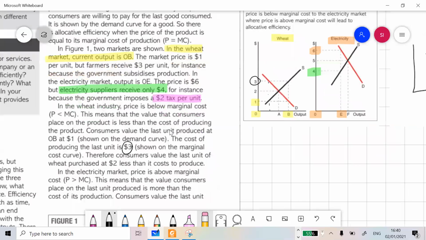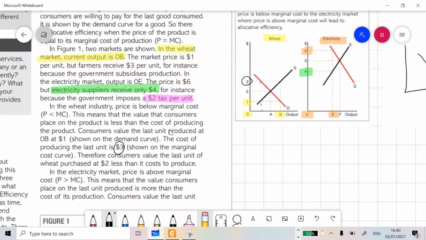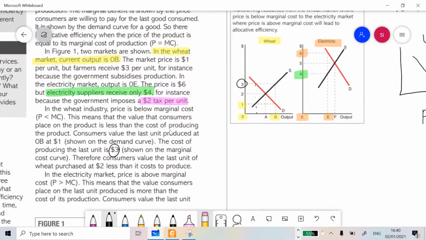Now look at the electricity market. In the electricity market, price is above marginal cost. Price is greater than the marginal cost. This means that the value consumers place on the last unit produced is more than the cost of production.